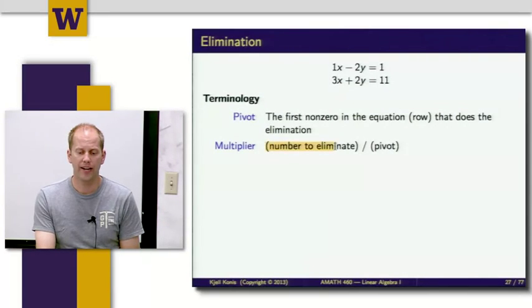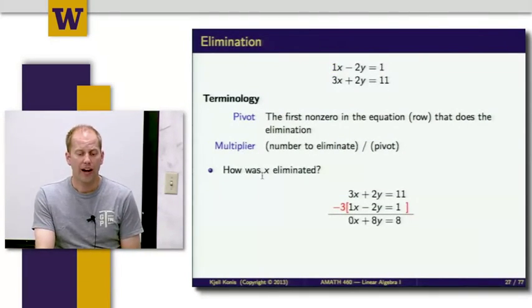So I want to eliminate a number. So if I want this equation to no longer depend on x, then the number I want to eliminate is 3. And my multiplier is just going to be this number that I want to eliminate, divided by the pivot. So in this case, my multiplier would be 3 that I want to eliminate, divided by 1, which is 3.